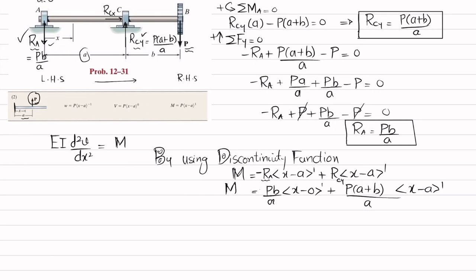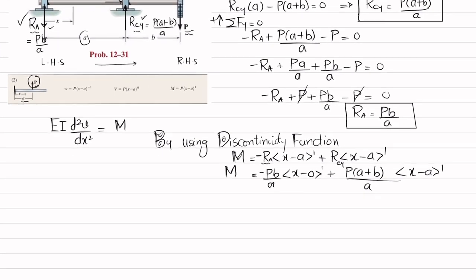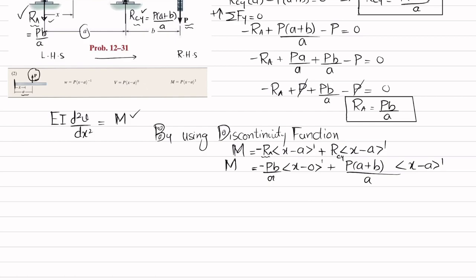So this is your required moment equation, and this is minus Pb. Now you will put this M in here, so you will get EI into d squared v over dx squared is equal to minus Pb over a, x power 1, plus P into (a plus b) divided by a into x minus a power 1.